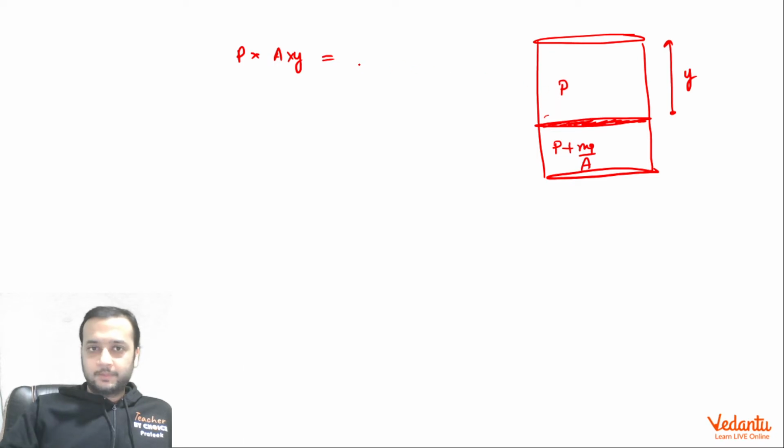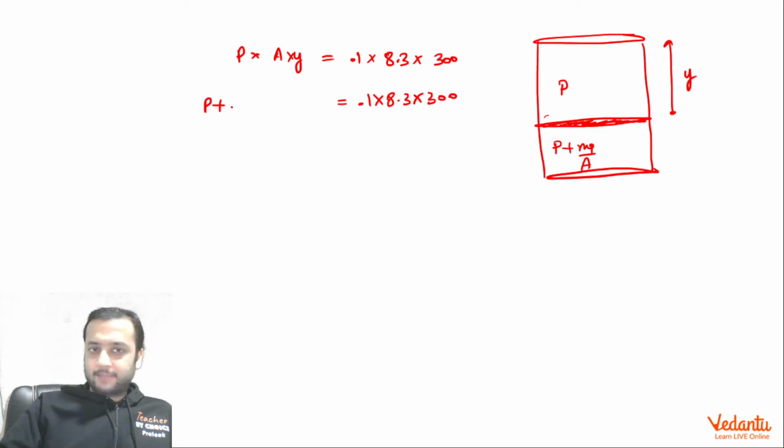So n is 0.1, R is 8.3 as given in the question, and T, the temperature, has not changed, so it remains 300, right? Now the nRT part will be the same for both, so this will also be equal to 0.1 into 8.3 into 300, which equals P plus mg by A.